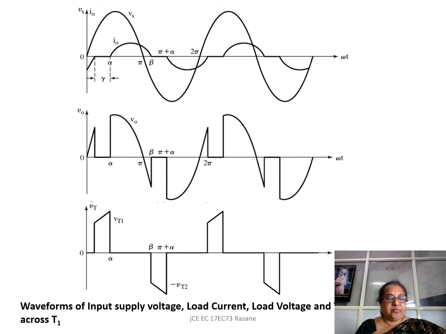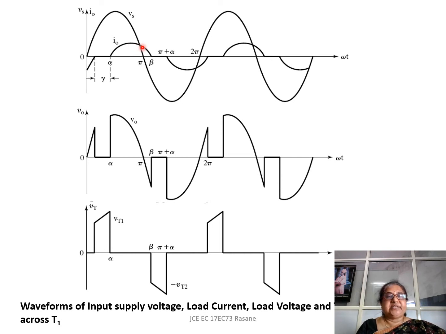This is the waveform that we had discussed in our earlier video. We have the input, which is sinusoidal. During the positive half cycle, T1 gets forward biased and it is triggered at an angle of alpha. T1 is supposed to conduct from alpha to pi, but at pi it is supposed to stop conducting.